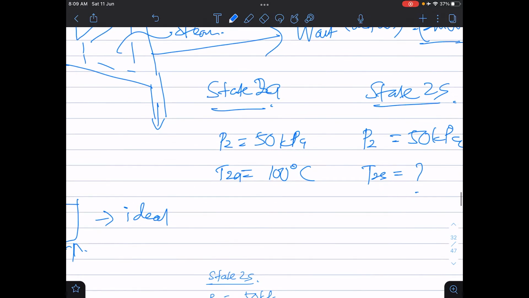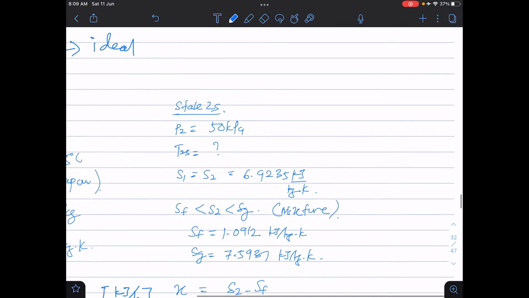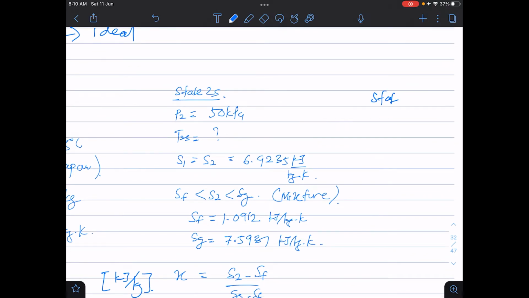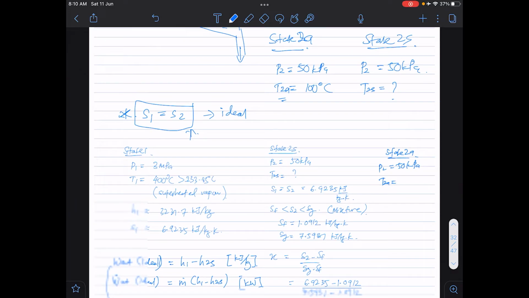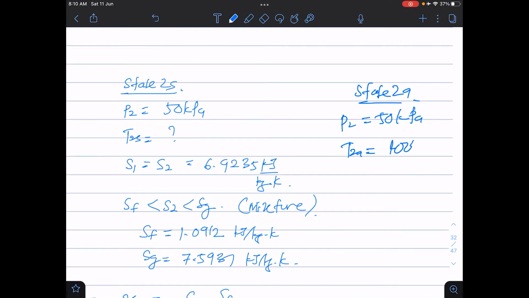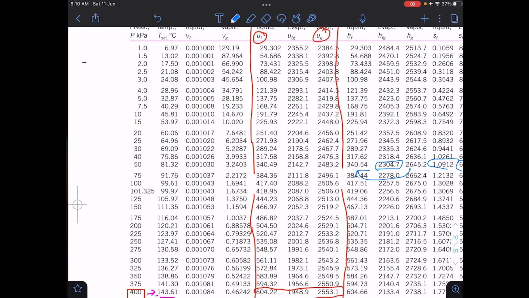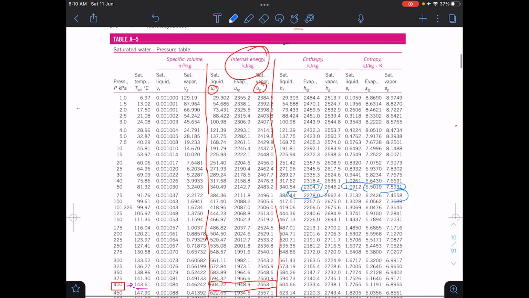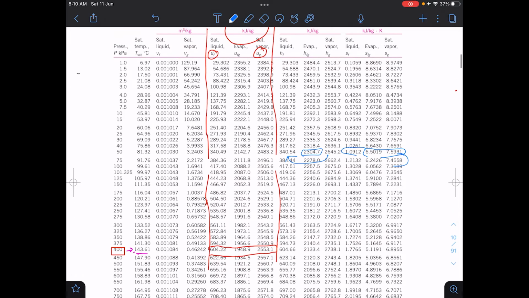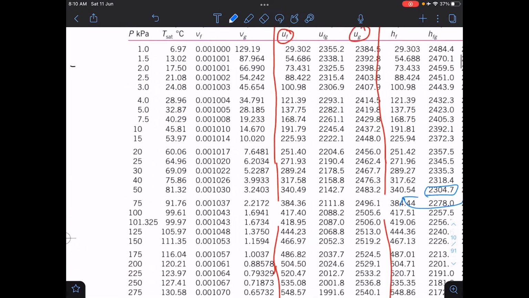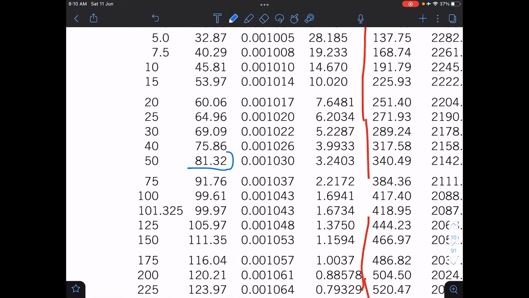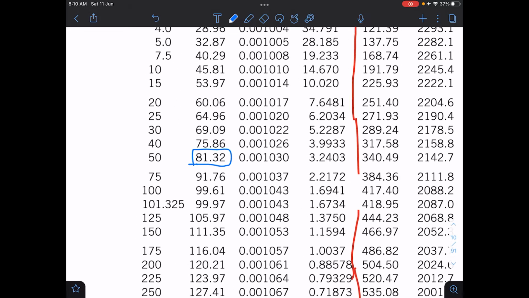Since there is a value T2a, we need to determine state 2a from this. For state 2a, P2 equals 50 kPa and T2a is given as 100 degrees Celsius. Look at table A5 and determine the state first. At 50 kPa the corresponding saturated temperature is 81.32.